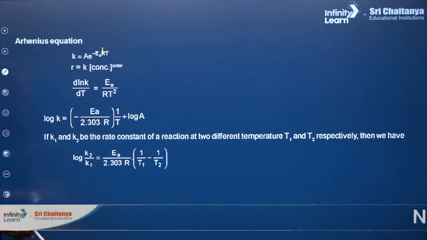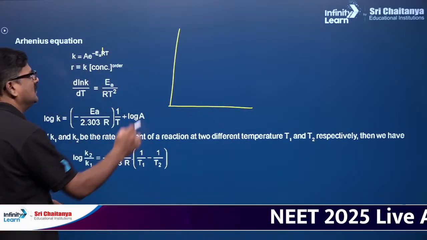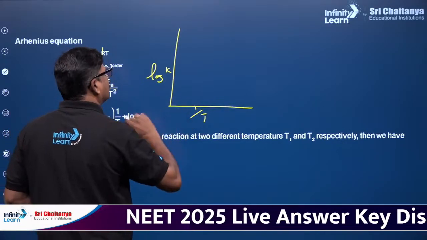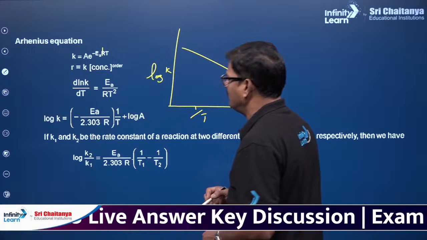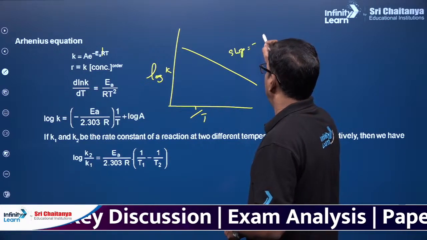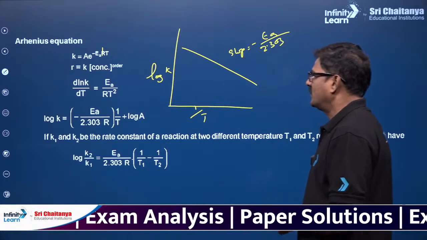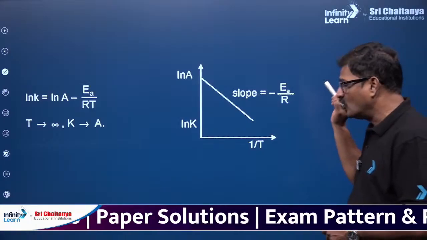So you are going to get a graph between log K and 1 by T, which is going to be a straight line with a negative slope. The slope is going to be minus Ea by 2.303, and that is going to be given, and the slope will be given.